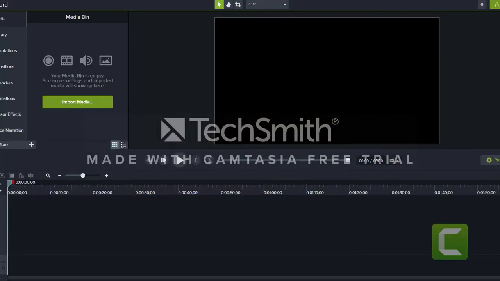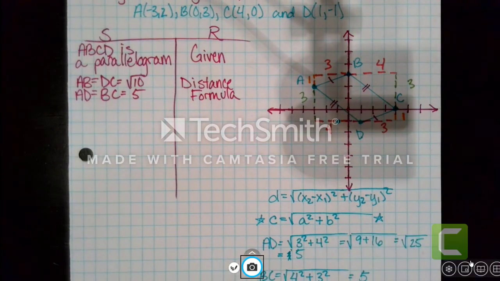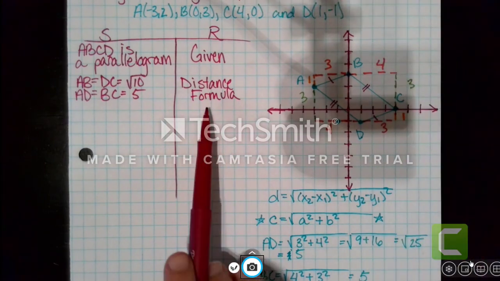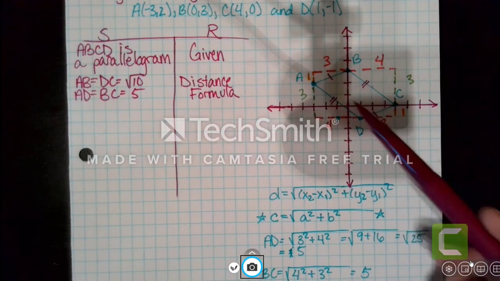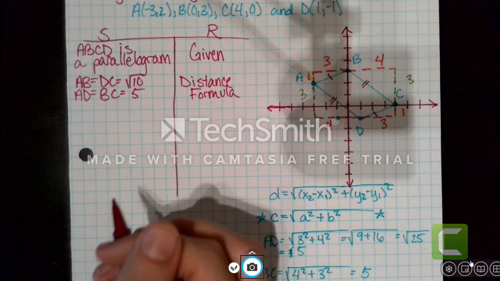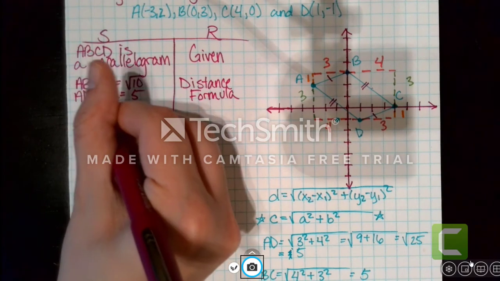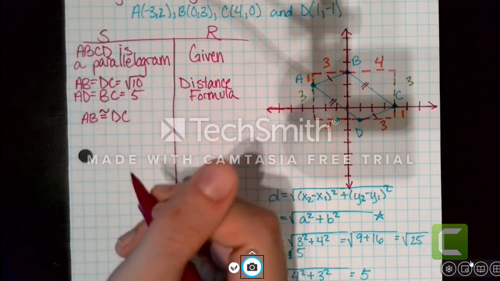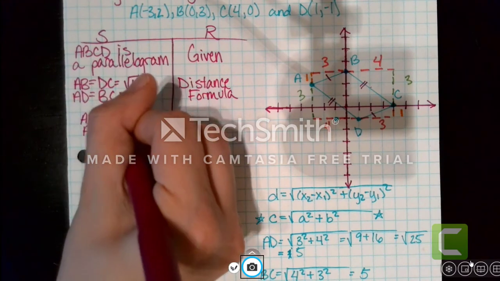Next, we have to take a look at what we've proven. Remember, we're trying to prove that opposite sides of a parallelogram are congruent. Well, using the distance formula, we've just proven that the opposite sides are congruent, which means our final statement is that AB is congruent to DC and that AD is congruent to BC.